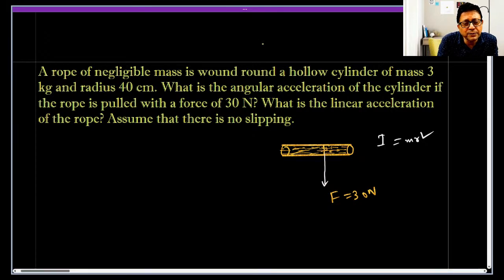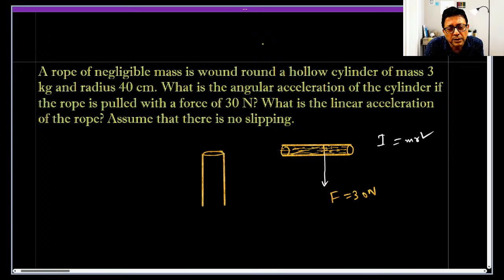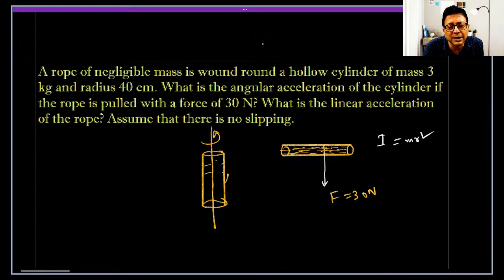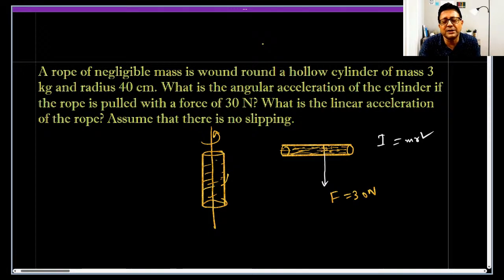Because on the cylinder, if you keep it in this manner, then also if you give any tangential force, then it starts rotating. If we keep a cylinder in our hand and then apply torque, force here, then it starts rotating. So if 30 Newton is applied, it will start rotating.